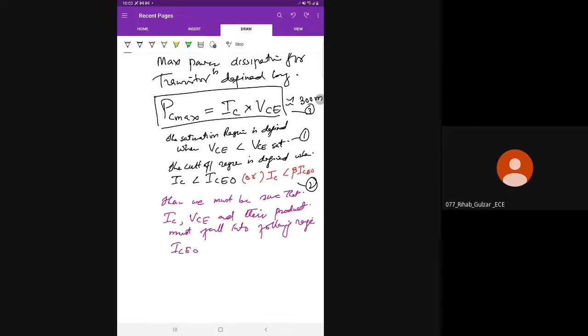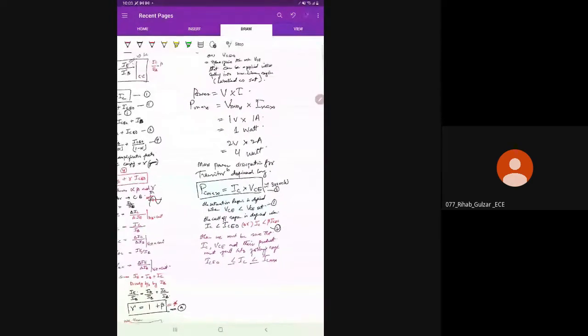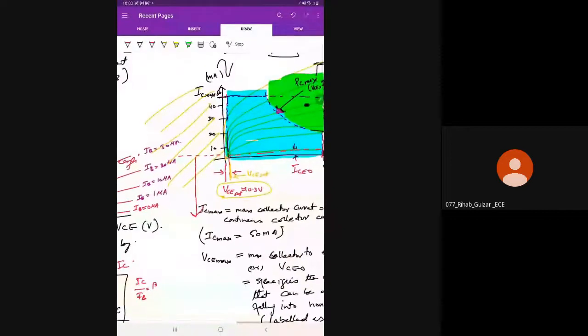ICEO. But what should we conclude now? We should say that IC and VCE and their product must fall into the following range. What is the range? This should be the range. IC should be greater than or equal to ICEO and less than or equal to IC max. That means my collector current should fall in this region.